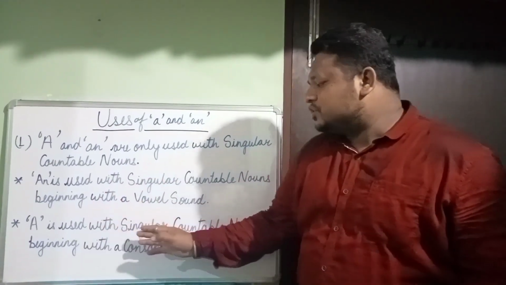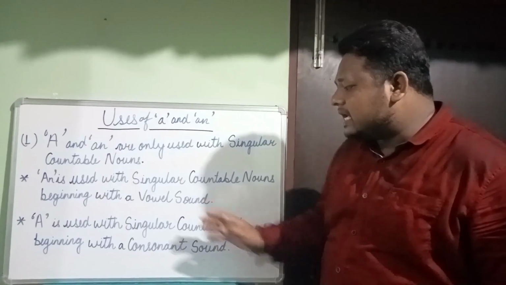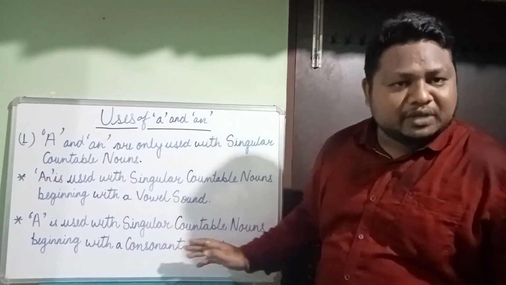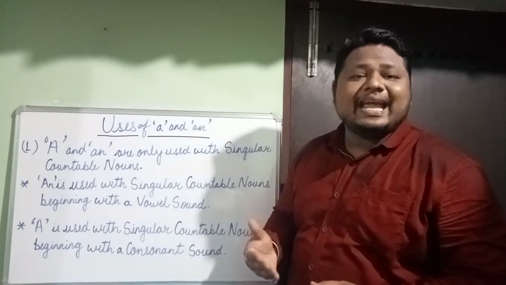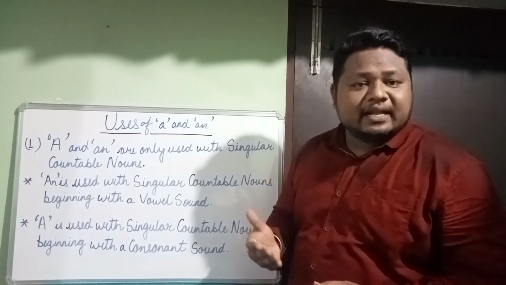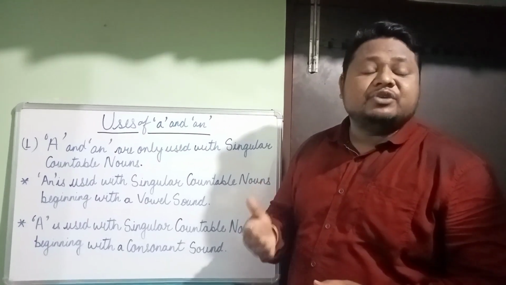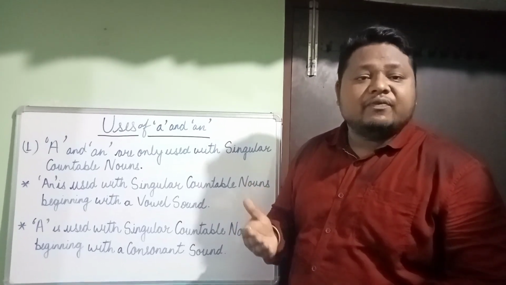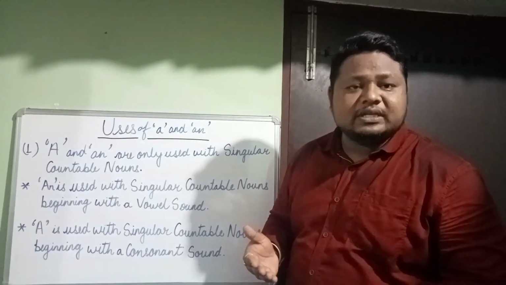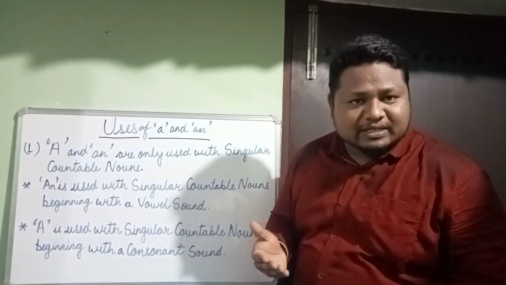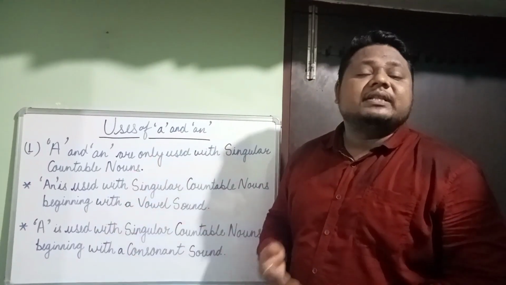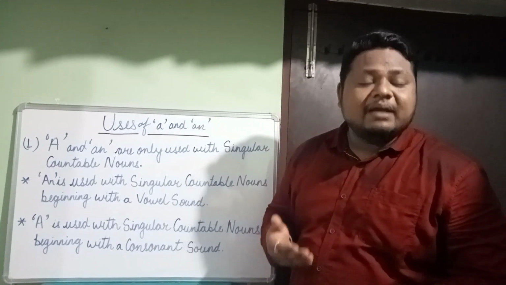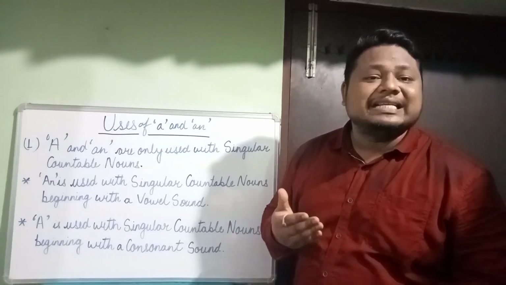And a is used with singular countable nouns beginning with a consonant sound. It means we can use the articles a and an with singular countable nouns. We can use the article an before singular countable nouns beginning with a vowel sound. And we can use the article a with singular countable nouns beginning with a consonant sound.